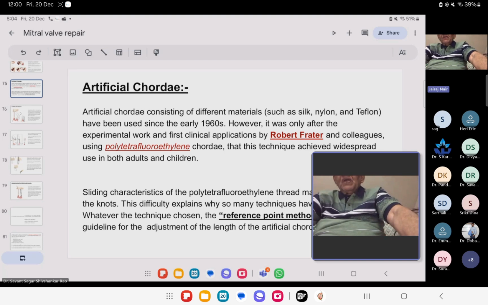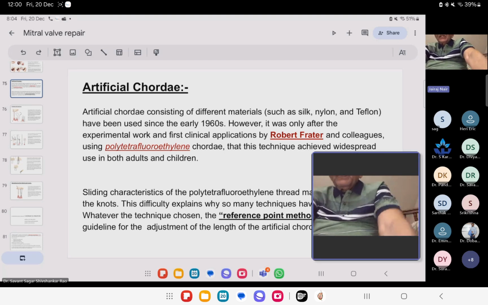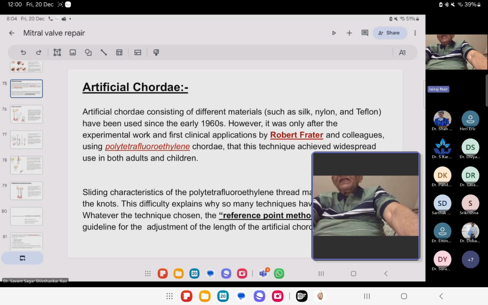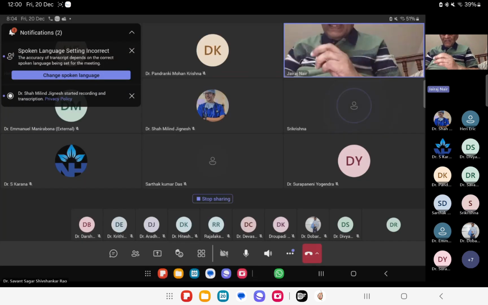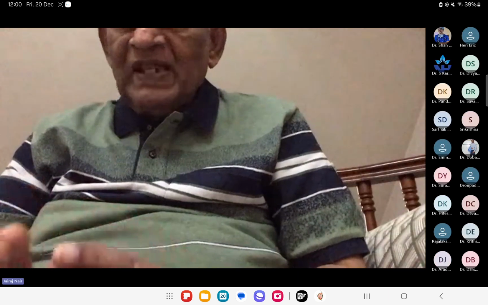So when you make a small incision near the annulus, it's always better to see that you don't cut the main chordae. So one method is to use a small laryngeal mirror, so that you can exactly see where the anterior papillary muscle gives the chordae, so that you don't cut that.